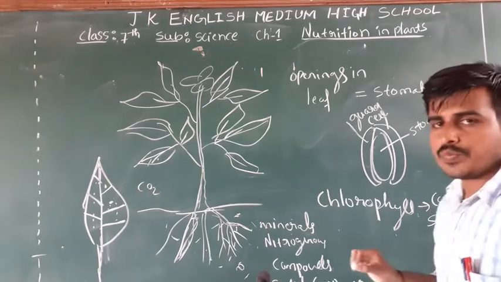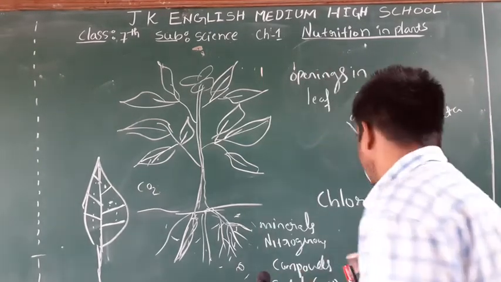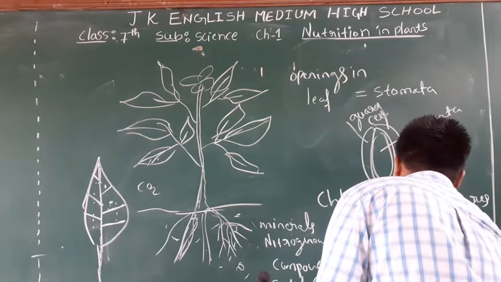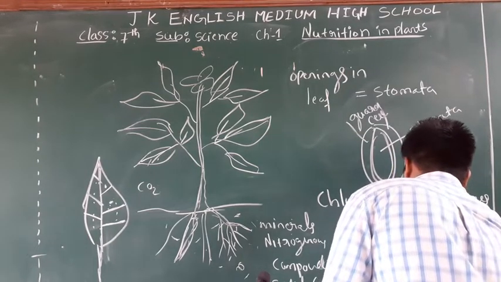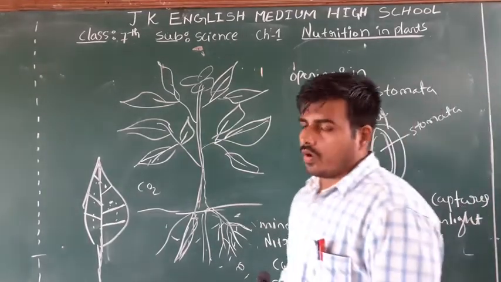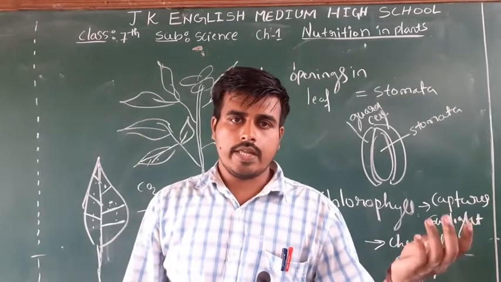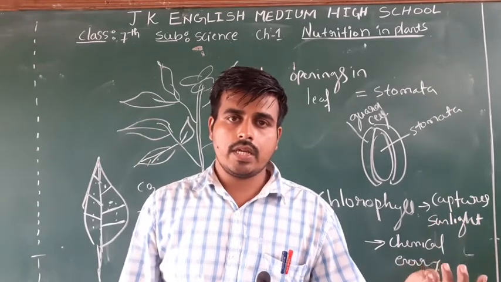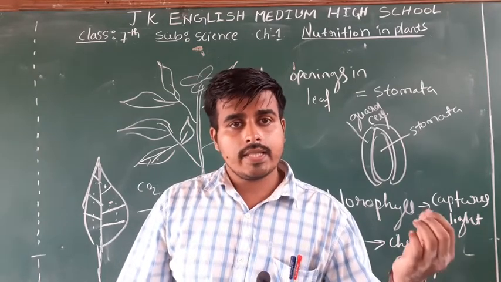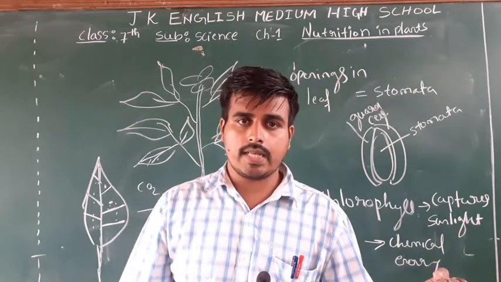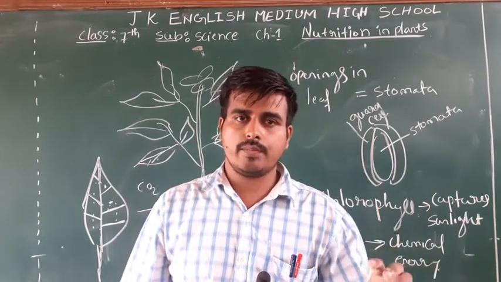Chlorophyll captures the sunlight and converts it into chemical energy. Now we got whatever is necessary for the preparation of food. We got chemical energy, which is made by the chlorophyll from the sunlight.